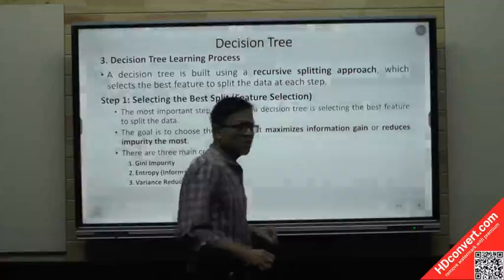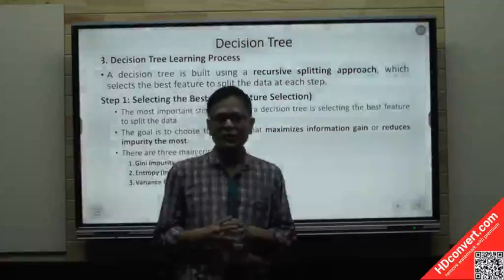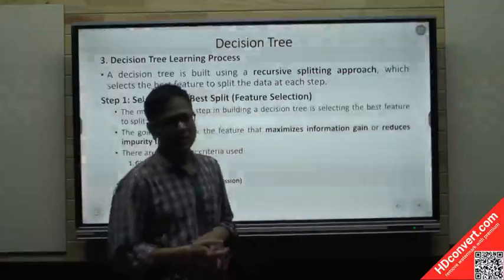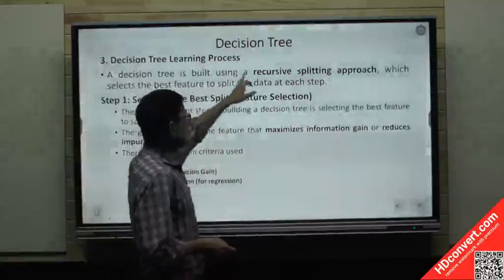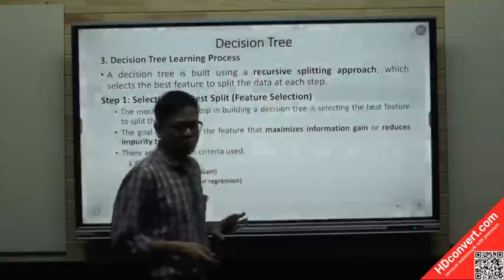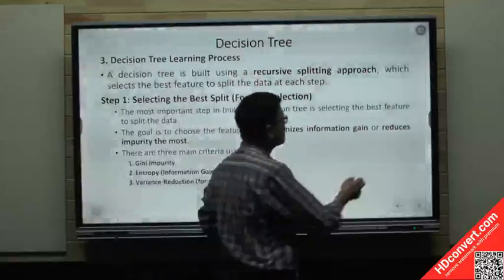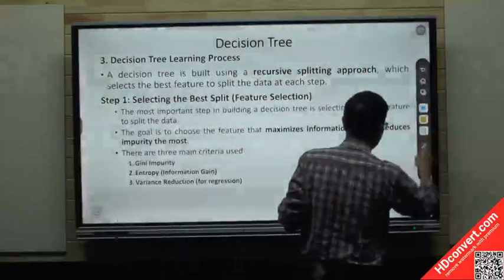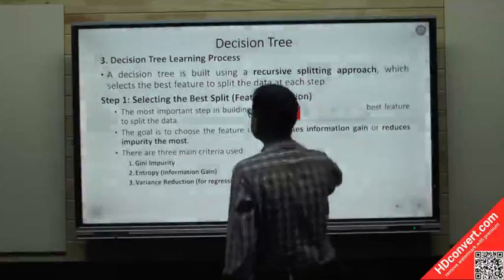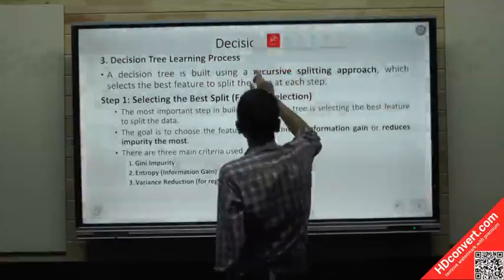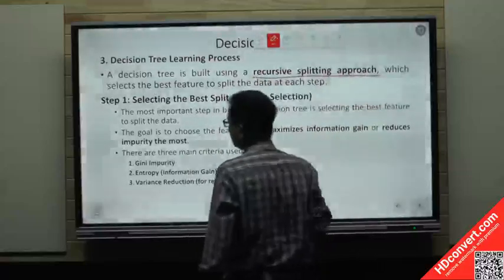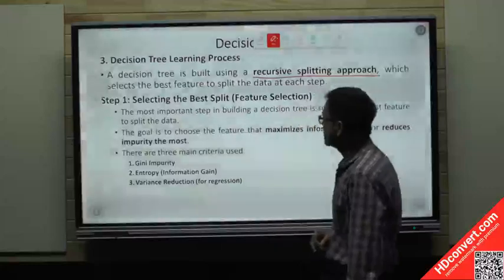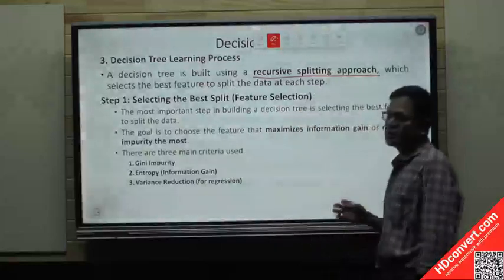So now the question comes: what is the process of making a decision tree? A decision tree is built using a recursive splitting approach, which selects the best feature to split the data at each step.